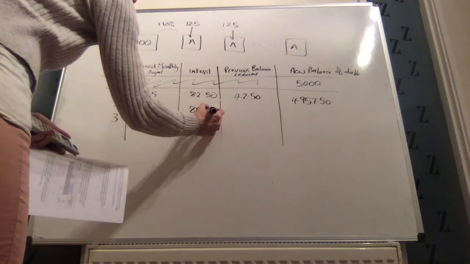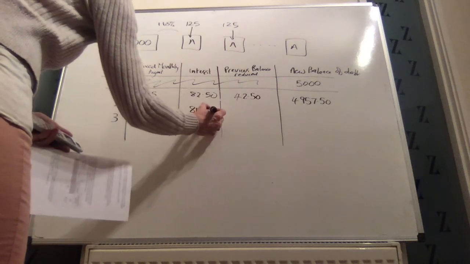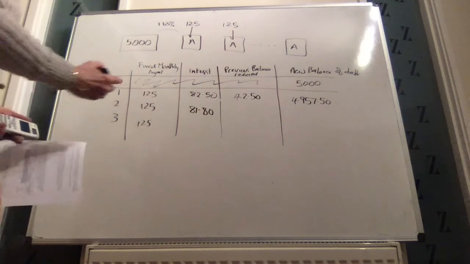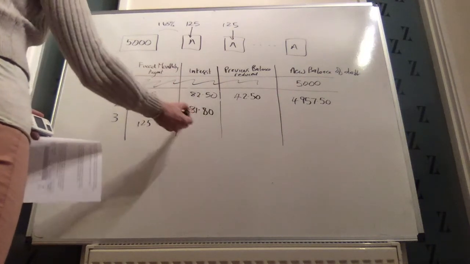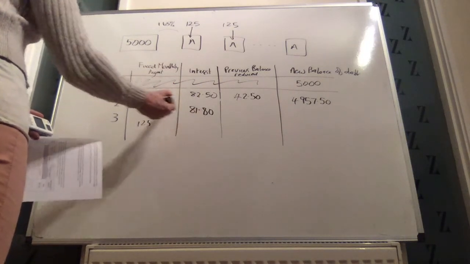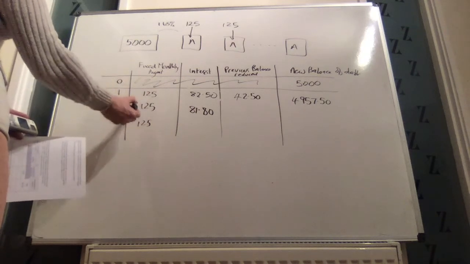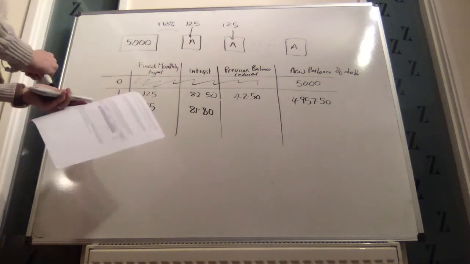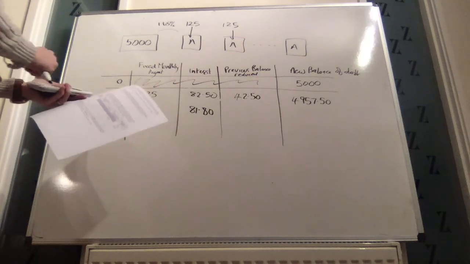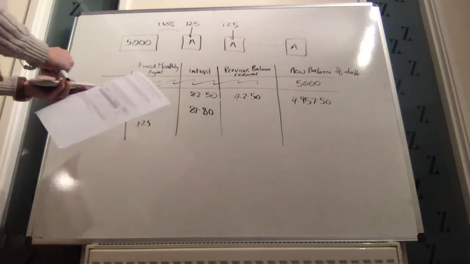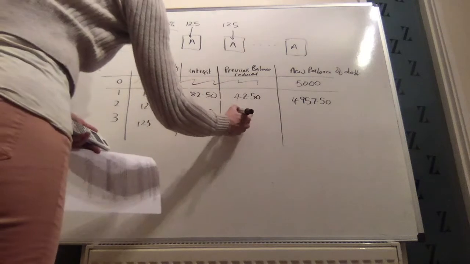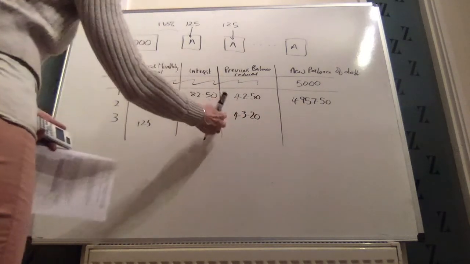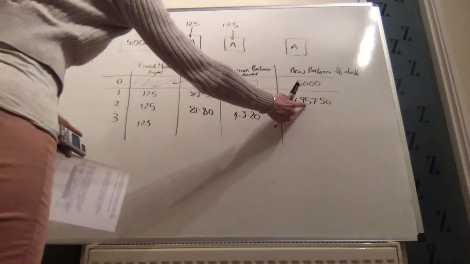So the interest at the end of the month is 81.80. He pays 125. So 125 take away 81.80 leaves him with 43.20 effectively that can be removed from that debt.